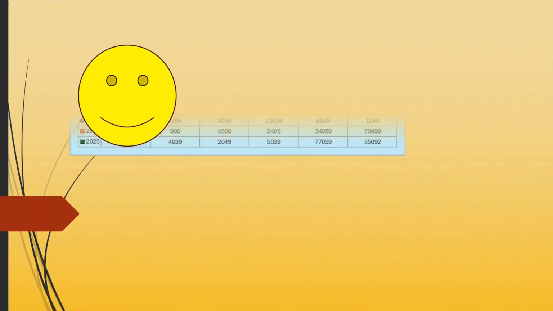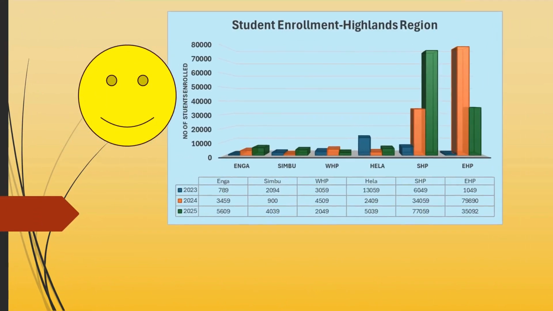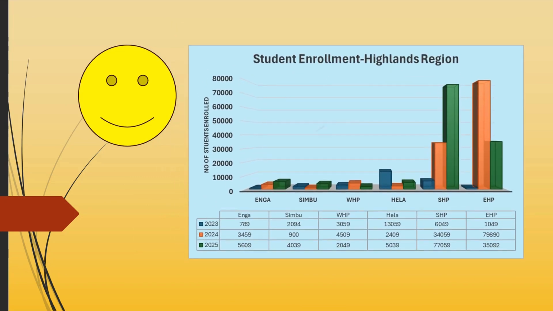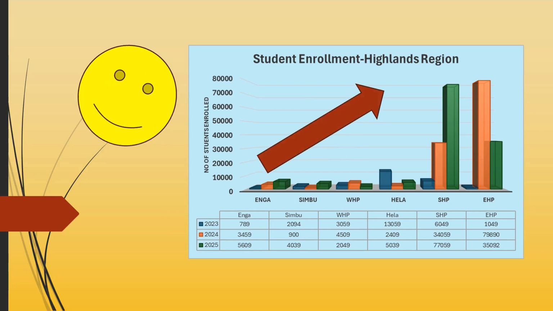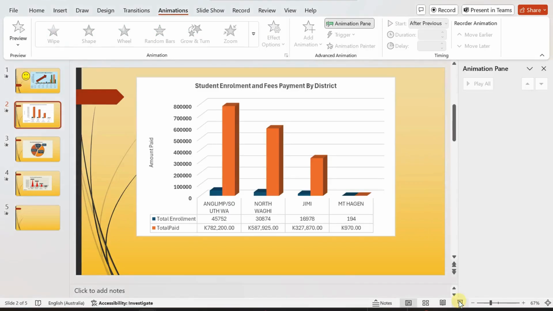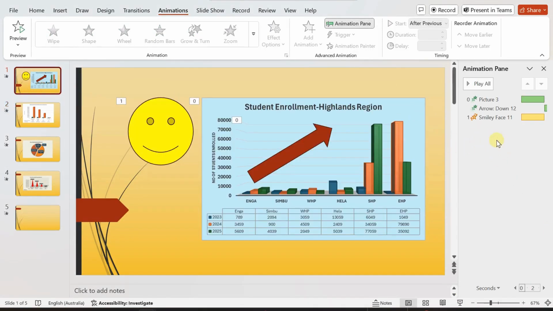Wait, it doesn't swell or anything. Graph comes first, then the arrow goes in, and then the face will swell. Okay, so that's the animation order. On the animation pane, you can specify the order in which the animations will occur.